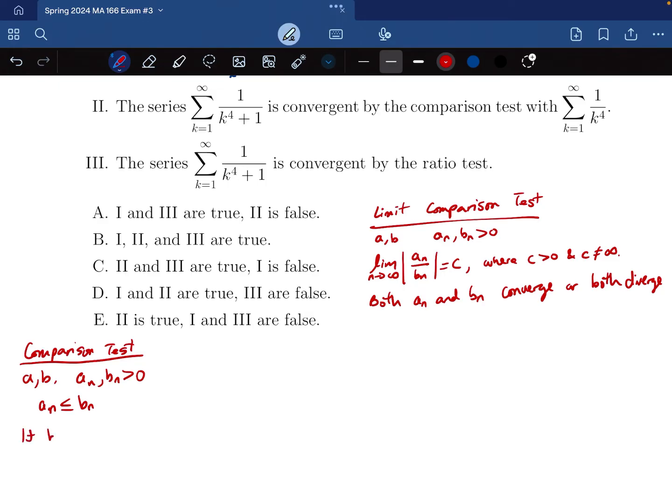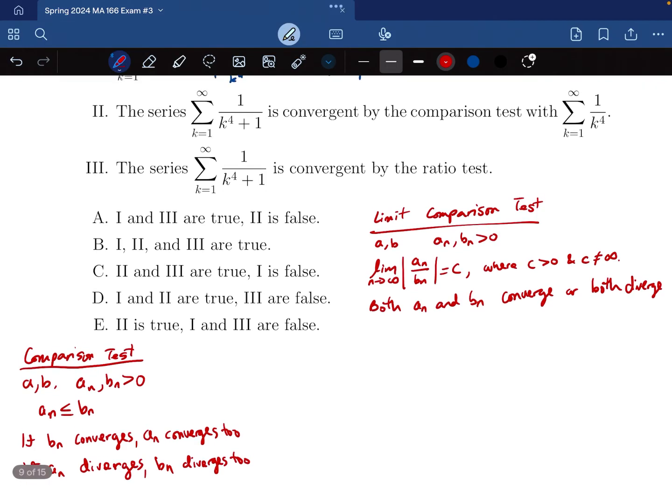If b_n converges, a_n converges as well, and if a_n diverges, b_n must diverge as well.